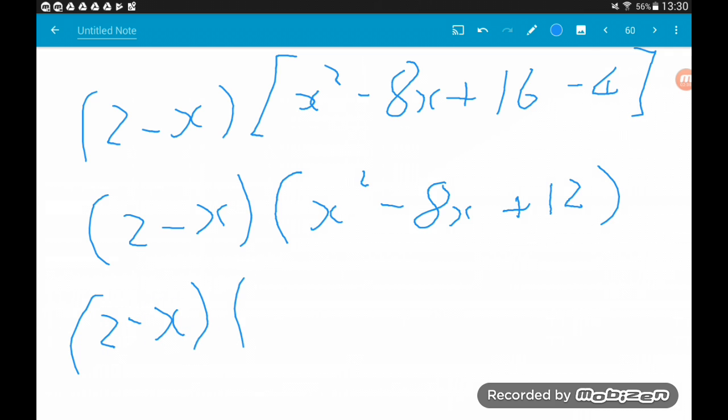Now the quadratic is going to become 2 brackets, each with an x. Now can you think of two numbers that multiply to positive 12 that add together to minus 8? It's minus 2 and minus 6. So there our original expression has been fully factorised. Jobs are good.